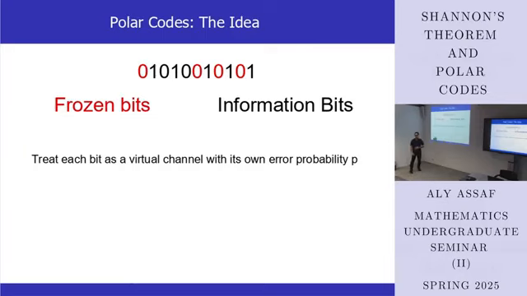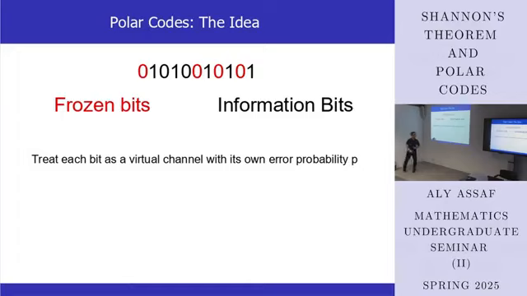And the main idea is that given some message here, okay, I'm transmitting information, actual K bits, over these black bits here. These are the good bits. But some bits are frozen. So these zeros here, they're frozen. They're always going to be set to 0.